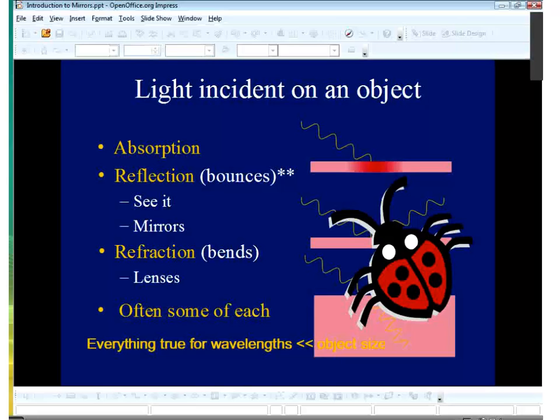And that happens very commonly. Even something like a small insect is too big for the wavelength of light. So it is not unreasonable to consider those situations where the wavelength of light is much smaller than the object size.